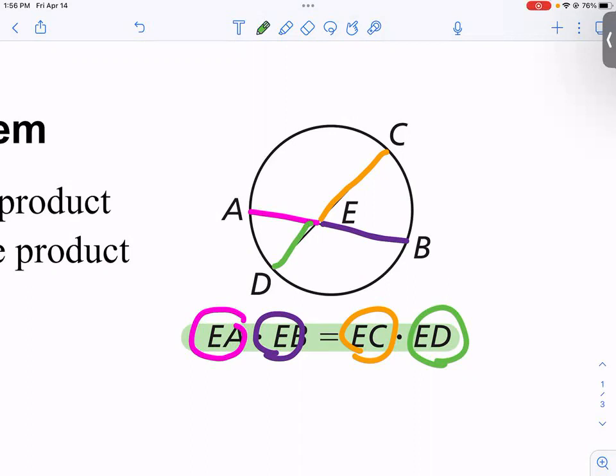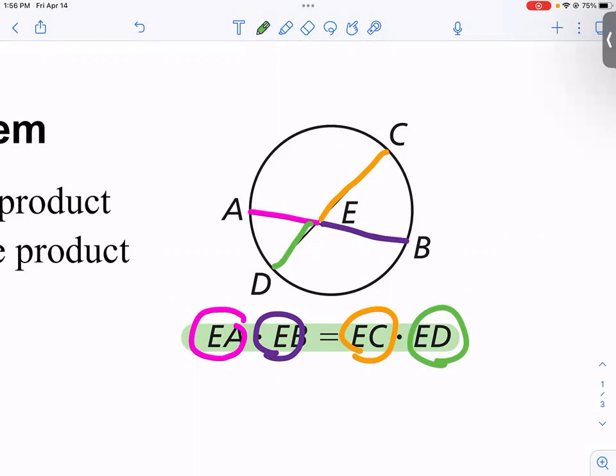Sorry. Okay. Who can describe to me in their own words what's happening here? Chords intersected. Okay. So how do we get that product? What's happening for the product? I wouldn't say that that's true.